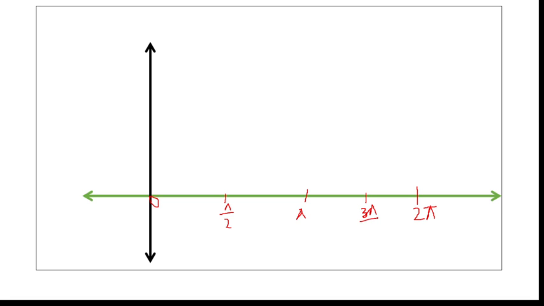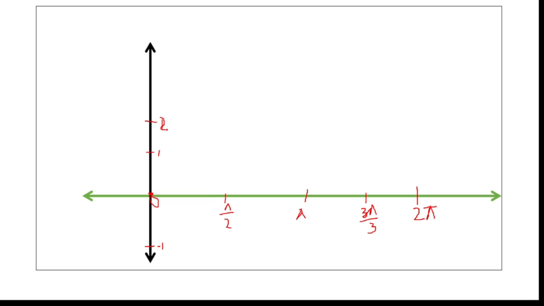So for our sine function at 0, the sine value is always 0. At pi over 2, our amplitude is 1, so our function is 1 unit above and 1 unit below. This is negative 1 and this is positive 1. Okay, this is a 2.